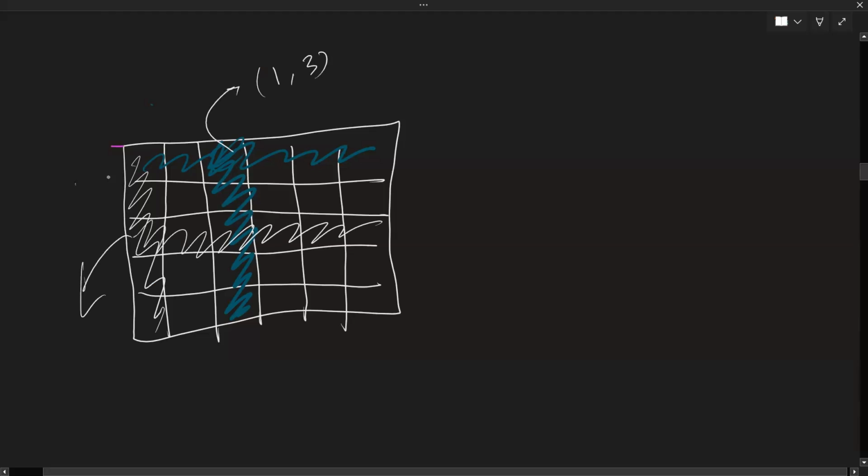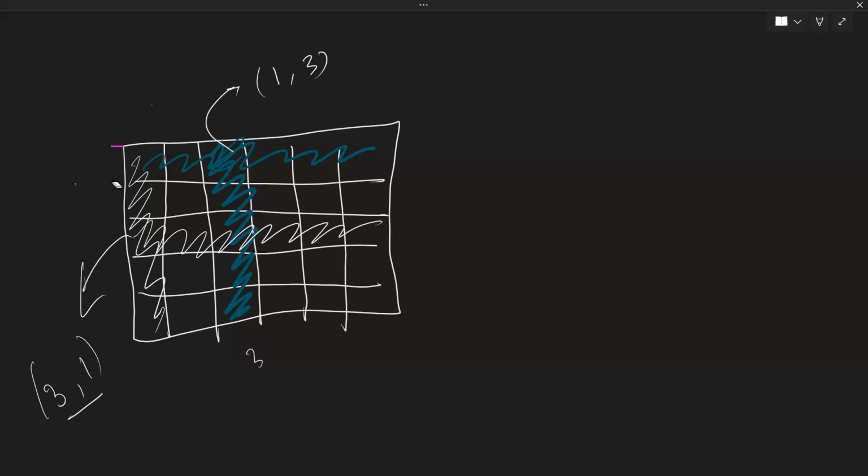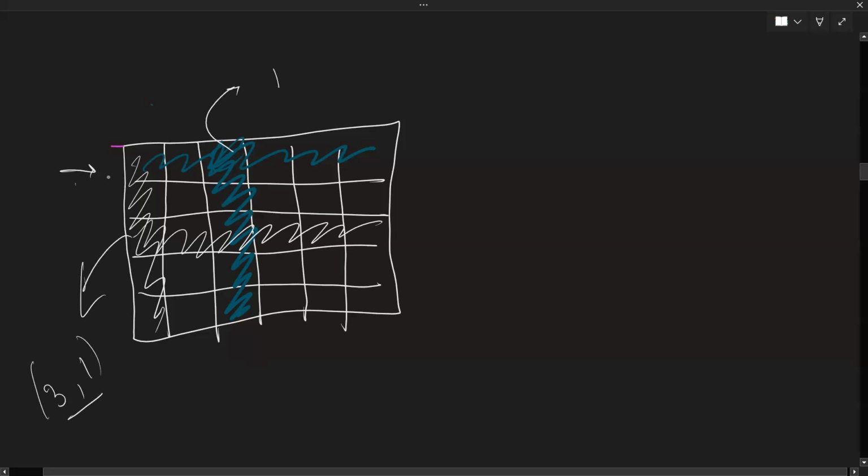So technically there shouldn't be any rook at third row, first column, because if there is a rook at third row, first column, then there is also a rook at first row, third column. Try to understand that no rook is in the complete first row, not just at 1,3. I should write it as first row, third column.